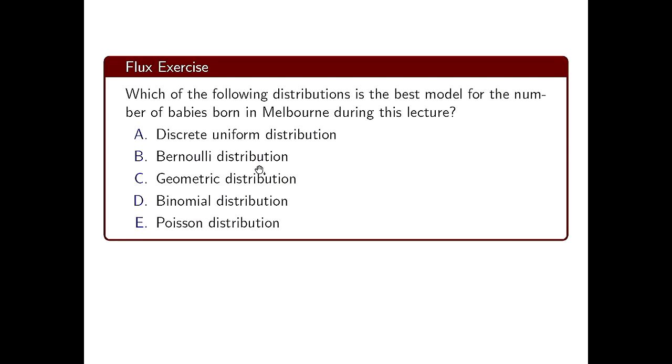Geometric might be the amount of time before someone gives birth or something. It's not going to be that. Binomial would be a reasonable answer if we knew the number of expecting mothers out there. Maybe we could say binomial, but I don't have that figure in my head. The best one is Poisson.